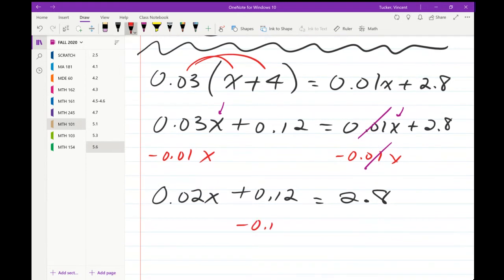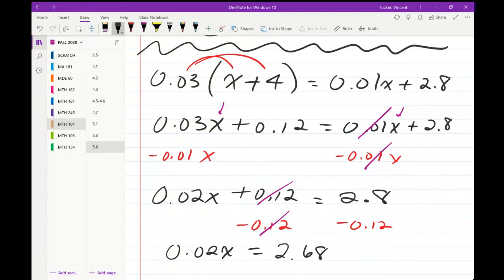Next, we'll subtract 0.12 from both sides. The 0.12 will cancel, leaving you 0.02x on the left. And on the right, 2.68.